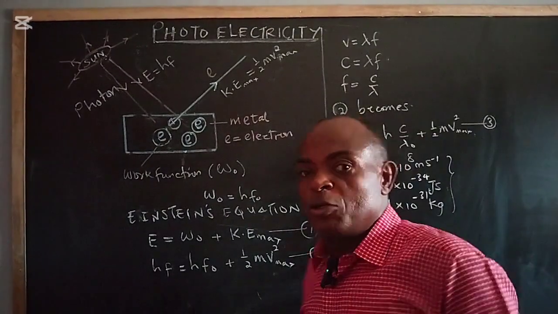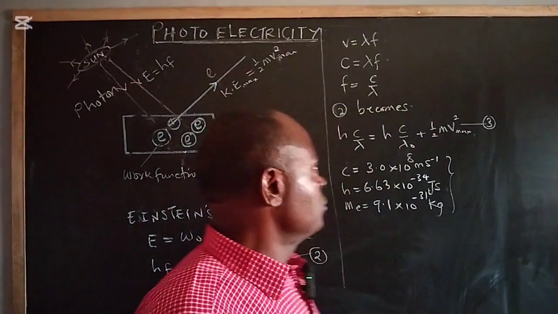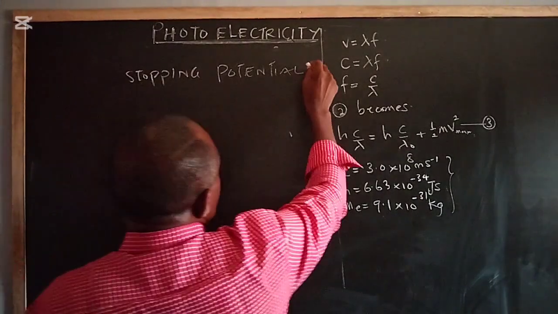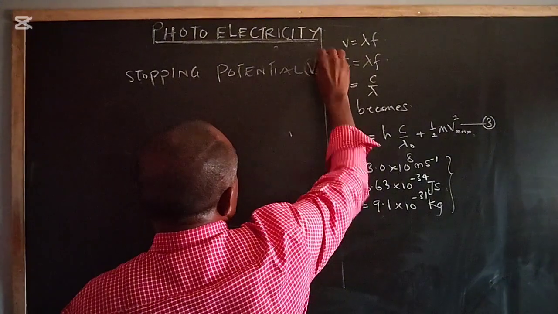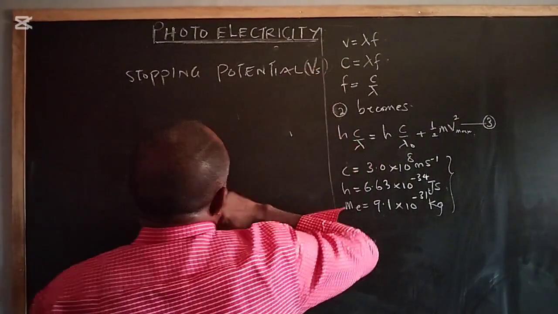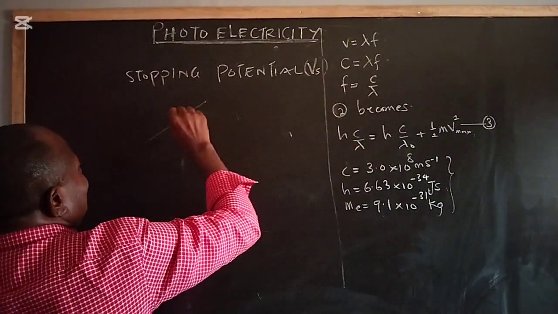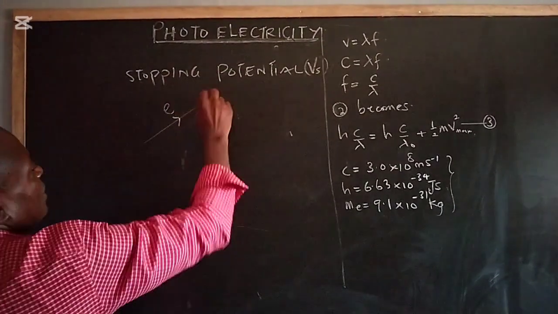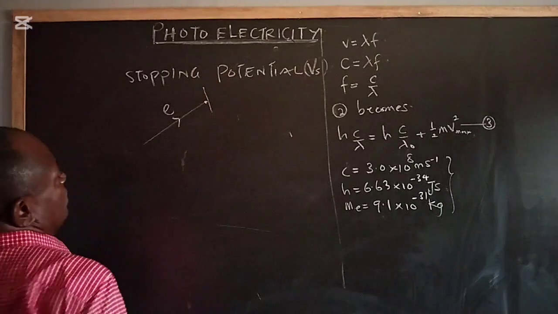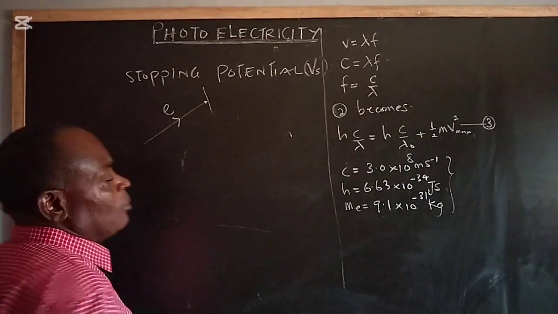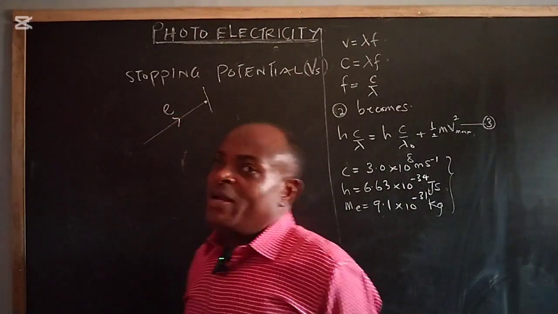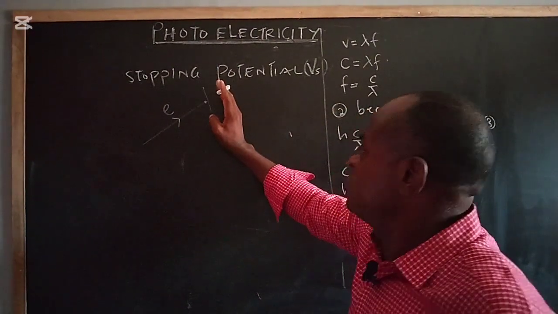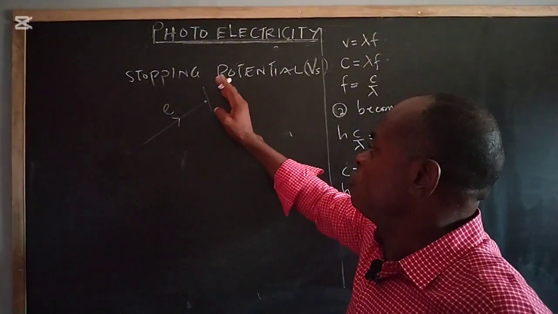The next thing we're going to look at is stopping potential, commonly represented as capital V s. Now, the electrons released during the process of photoelectricity can be brought to a stopping point, or to a rest.